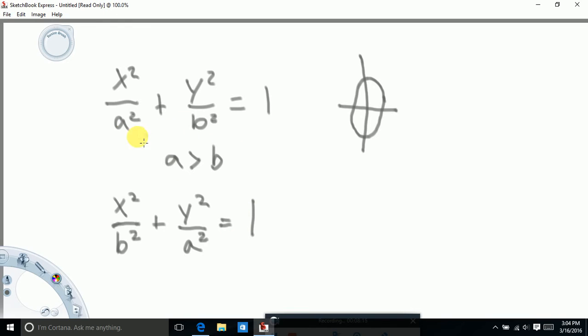A is always greater than b. So if the ellipse is oriented upward like this, it's taller than it is wide, then you're going to use this equation. Whereas if it's wider than it is tall, you're going to use this equation.